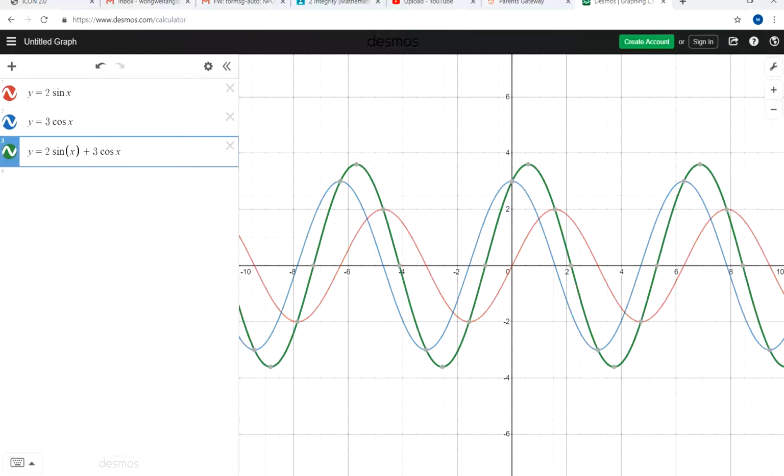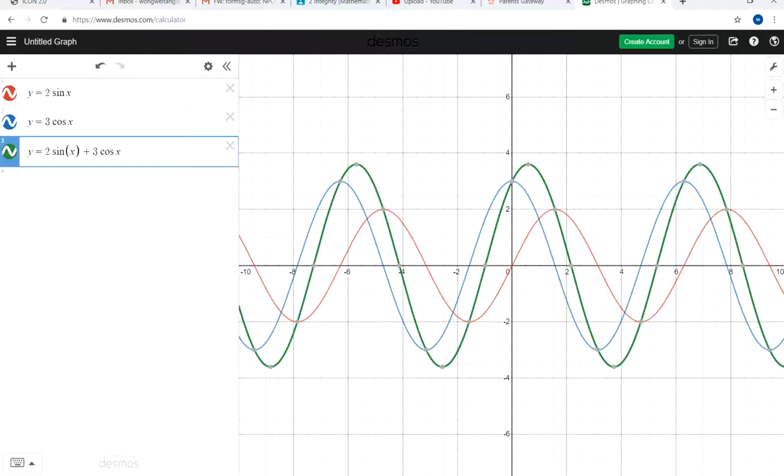I am supposed to be able to tell you the amplitude. And notice for this green graph, did it start when the angle is 0? Did it start from 0, like any other sine graph? No, it didn't. Then does it behave like a cosine graph where when the angle is 0, it is supposed to be at its maximum point and then it goes down? No, right?